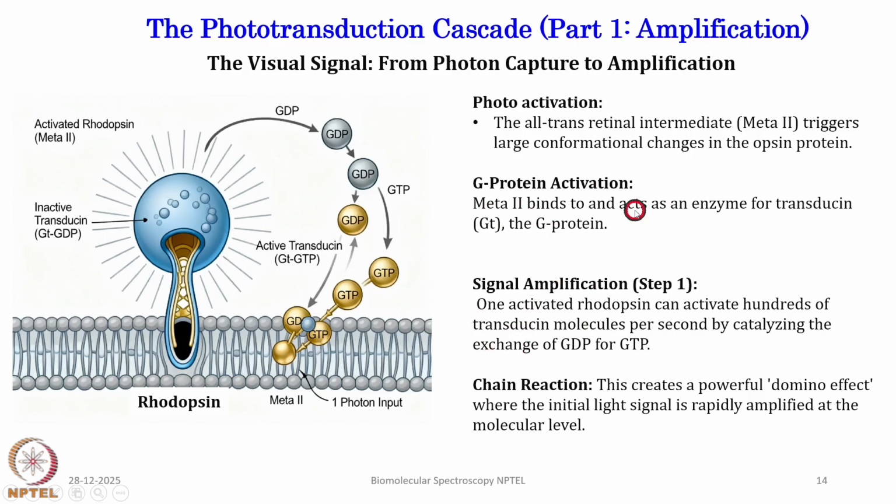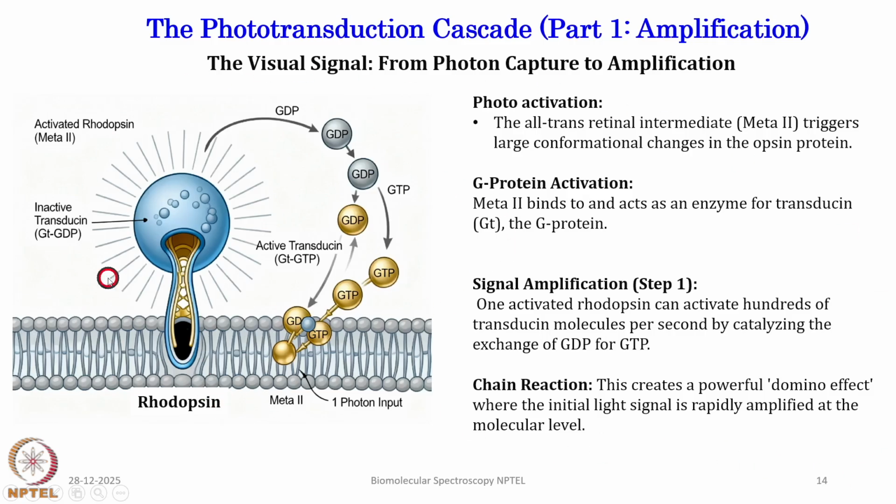So, once activated, rhodopsin can activate hundreds of transducin molecules in this cycle, and then a chain reaction starts. This creates a powerful domino effect where the initial light signal is amplified at a molecular level. So, the light shining here triggers a chemical reaction, and that chemical reaction is getting amplified, which is called the domino effect.